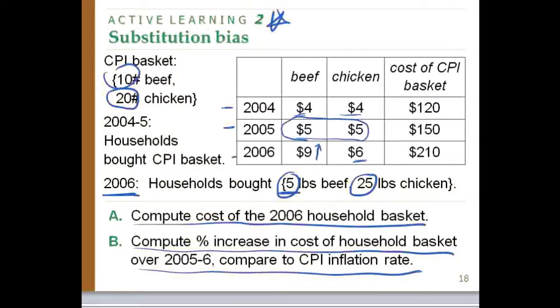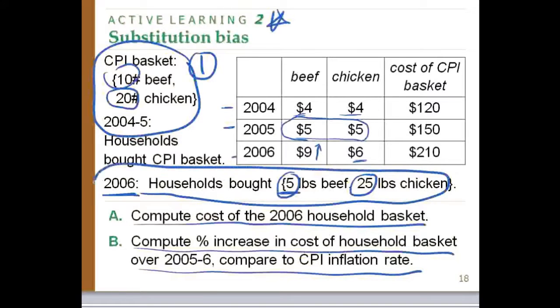The difference between this exercise and the previous exercise is that in the previous exercise we had one fixed basket for all years, but in this exercise we have two fixed baskets, one for the years 2004 and 2005 and another fixed basket for 2006.